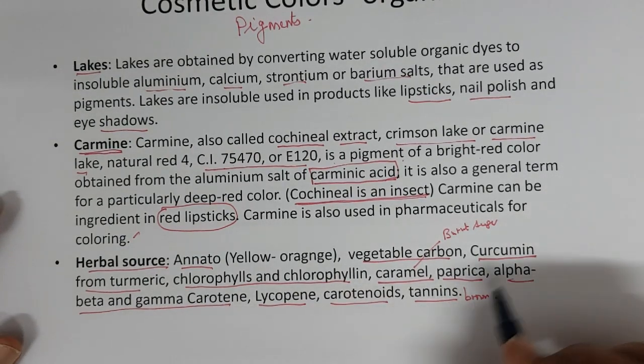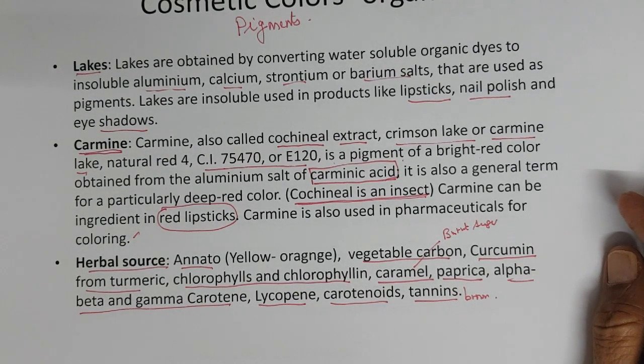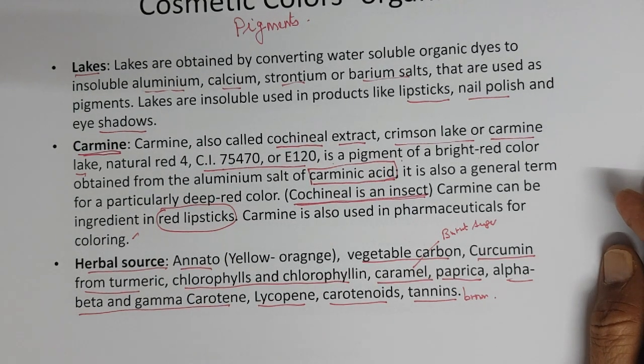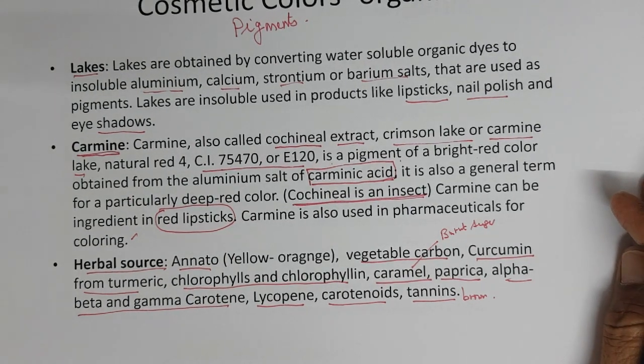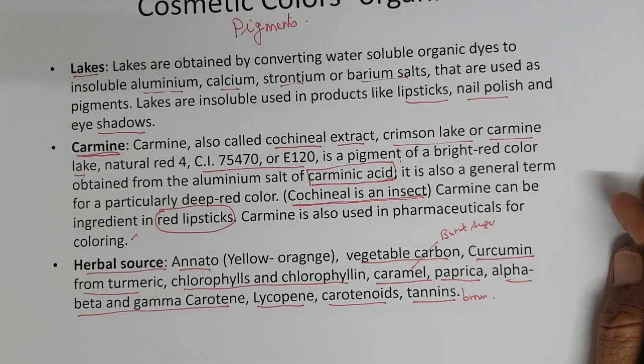So people are trying to move to natural colors for more safe colors, but definitely a lot of work has to be done on these colors because of the stability issues. And there are very few colors from herbal source approved regulatory wise, right?